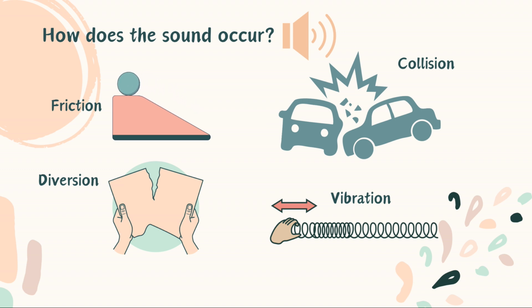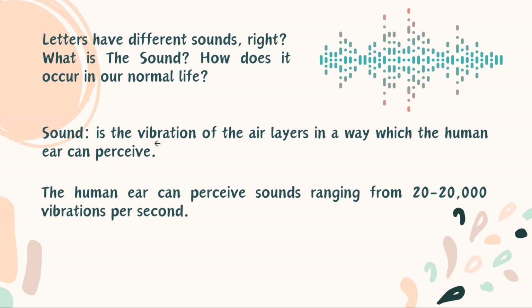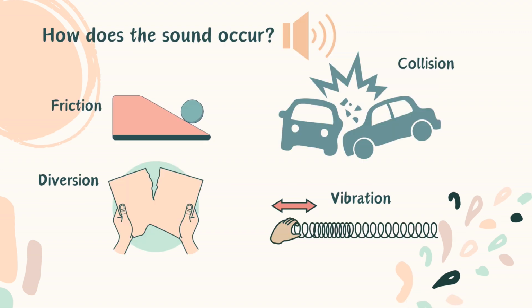So how does the sound occur? How is this vibration caused? Didn't we say that the sound is the vibration of the air layers? What is the cause of this vibration, causing the air layers to vibrate so severely that the human ear can perceive this sound?